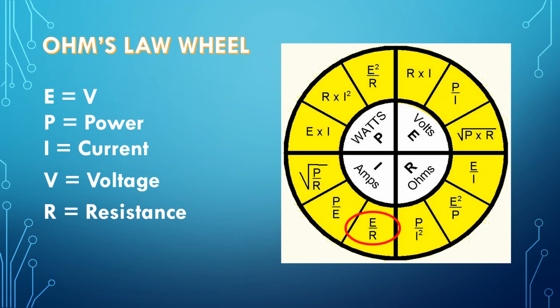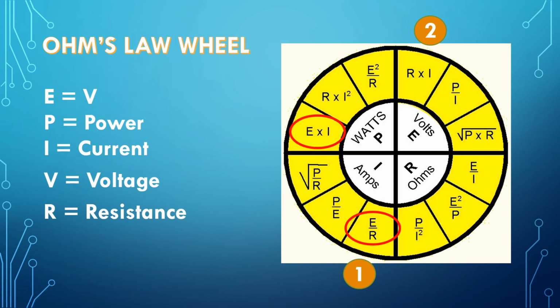But it came only from two basic equations, which is the Ohm's law equation or Ohm's law formula, which is E over R or V over R, and the power formula V times I or E times I. So the Ohm's law formula is our number one formula.